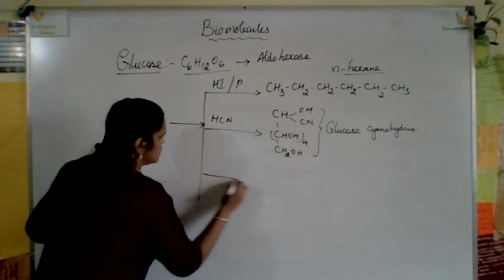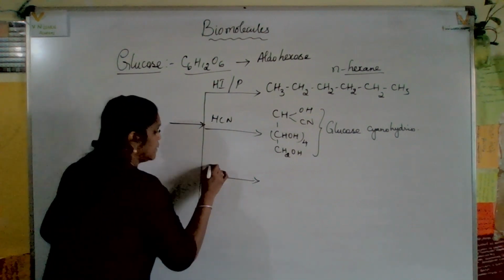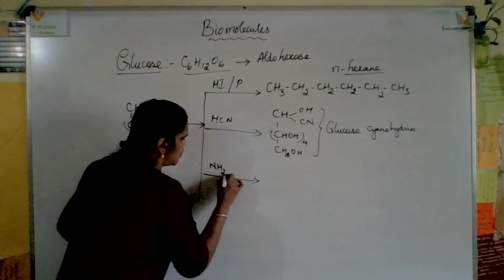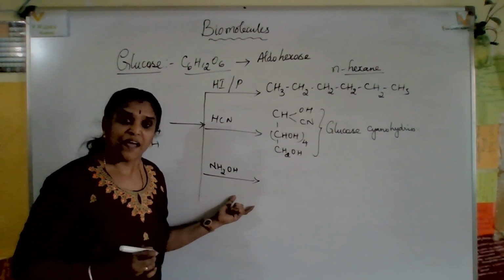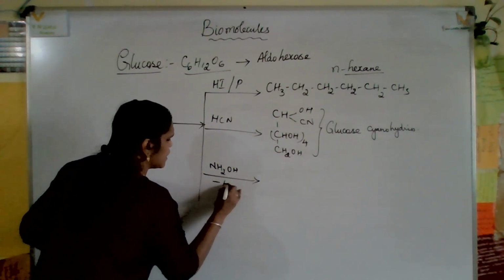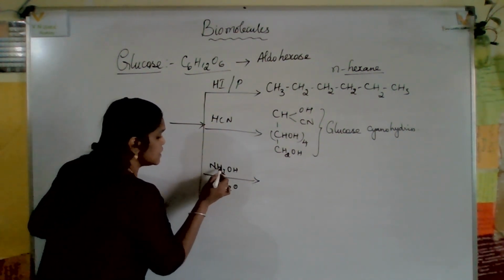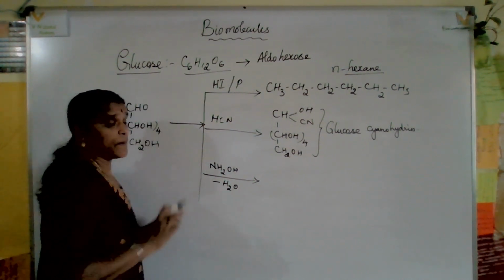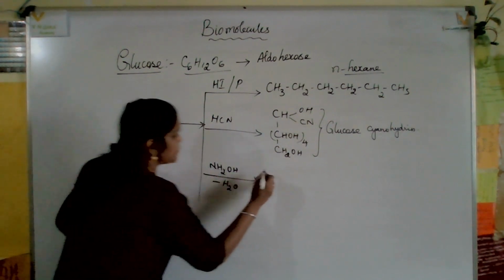Now next one. In the same way, glucose reacts with hydroxylamine, NH2OH. We have learnt that it is an amine compound, no? So here removal of water takes place: the H2 and the O combine together, and H2O is removed. So what is the product you will get?